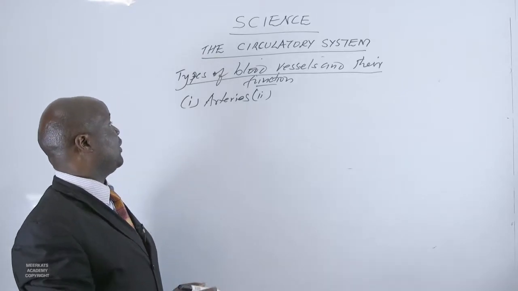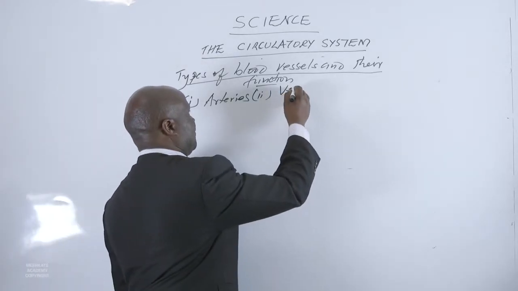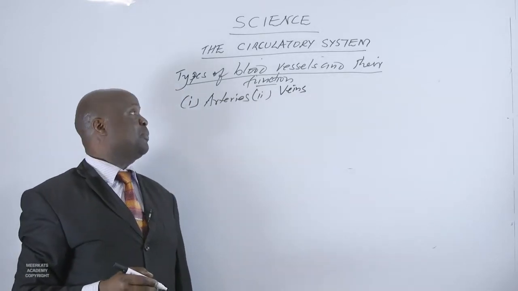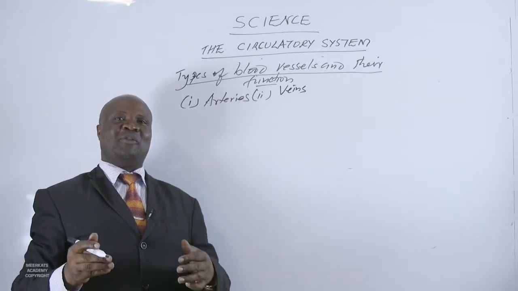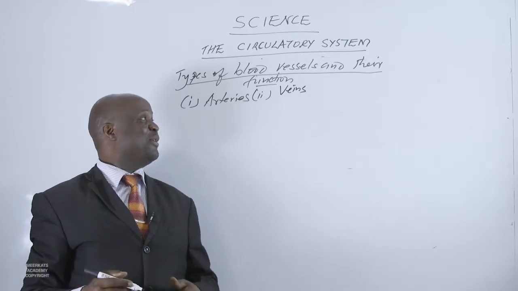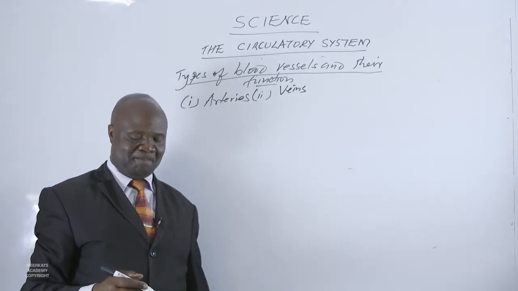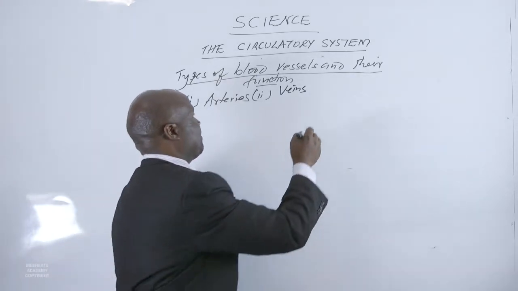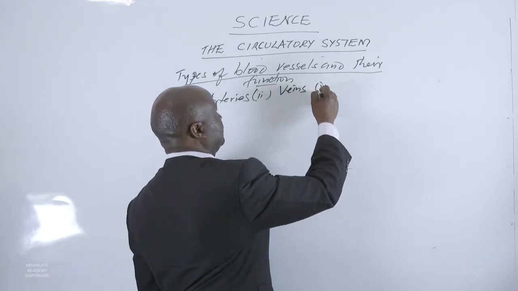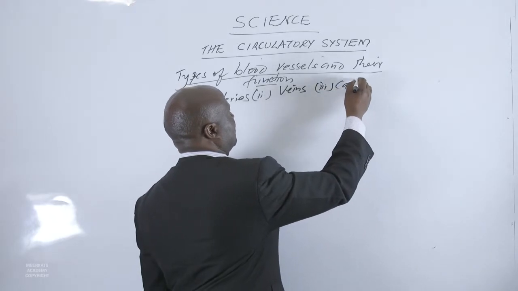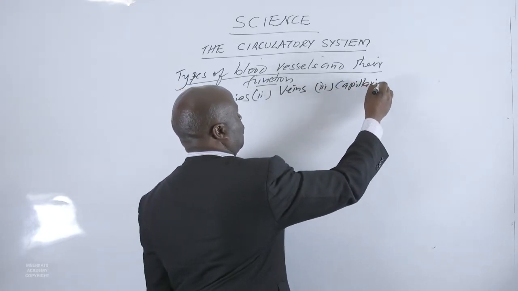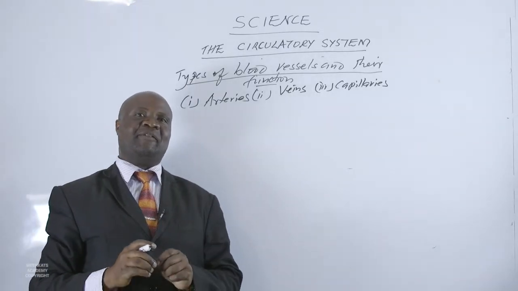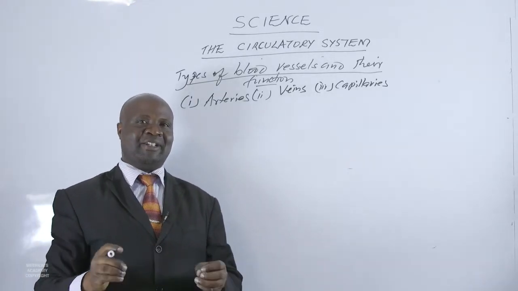Then second, we have the veins. Veins are also responsible for transporting blood from one region to another. Then third, we have the capillaries, blood capillaries. We know the blood capillaries are vessels, but very tiny.